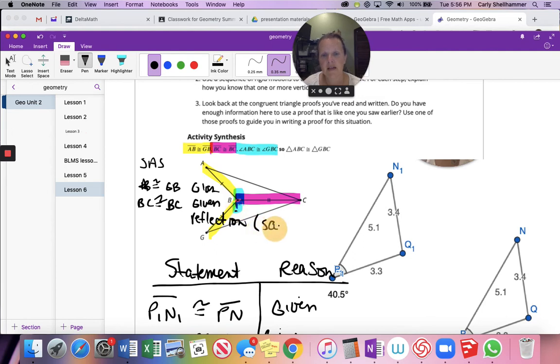Or you can say because they're the same. Okay? And then angle ABC is congruent to angle GBC because it's given. And then the last thing you would say is triangle ABC is congruent to triangle GBC because of side angle side. Okay, that would be another column proof for you.